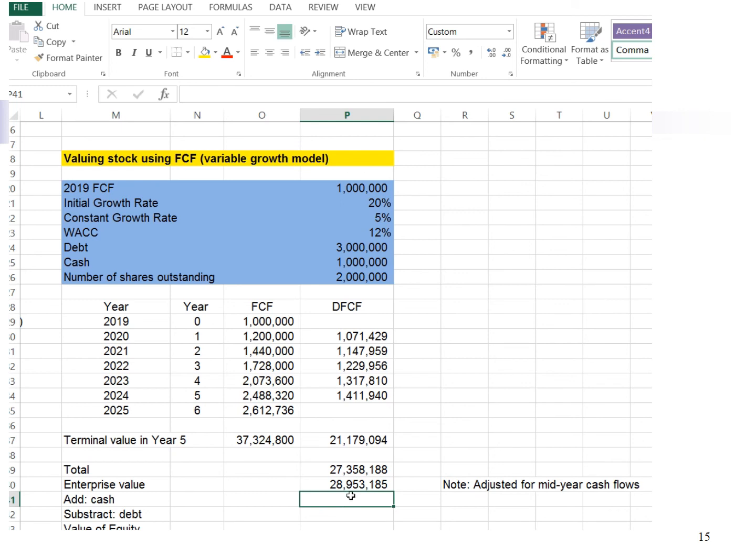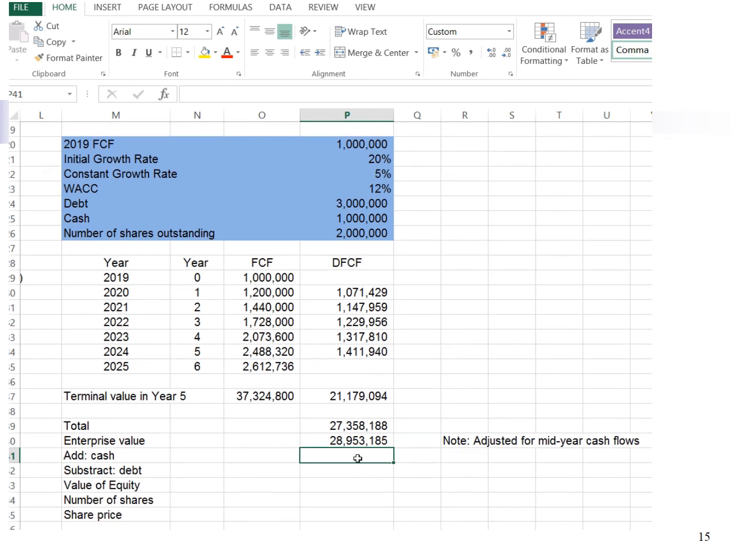Next, I shall take the cash value from the input. I shall type equal cash, point this cell. I shall also take the debt value from the input, equal debt. The value of equity is equal to enterprise value plus cash minus debt.